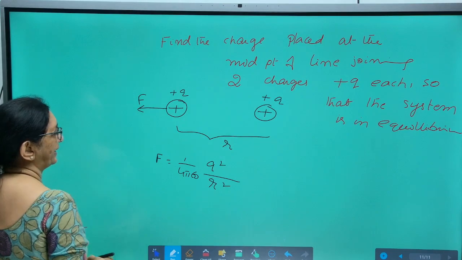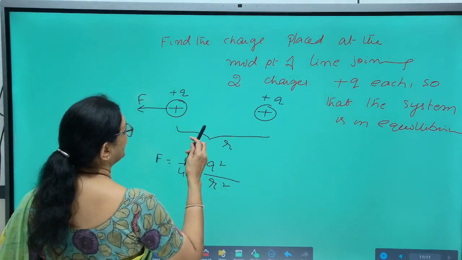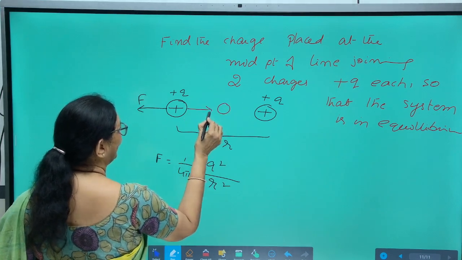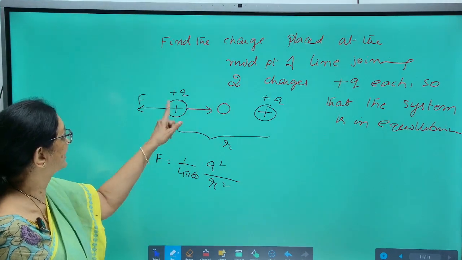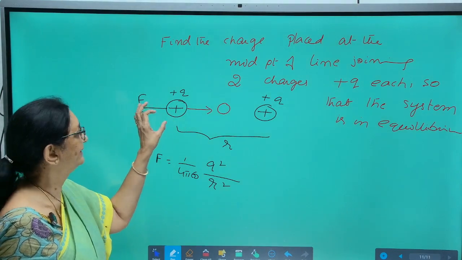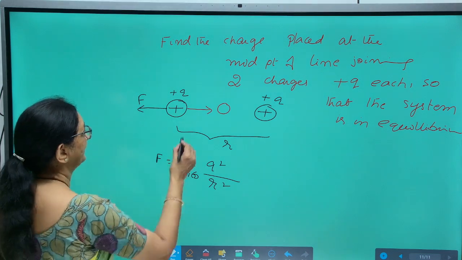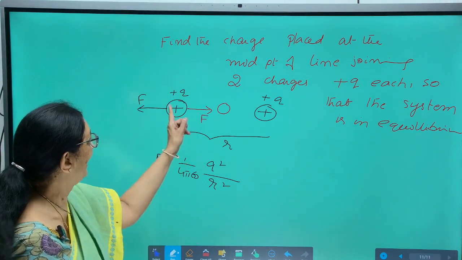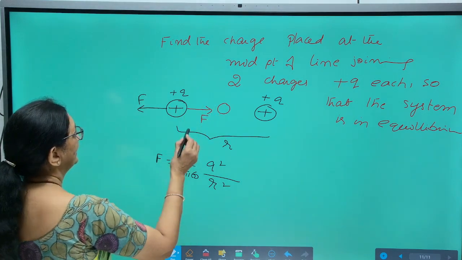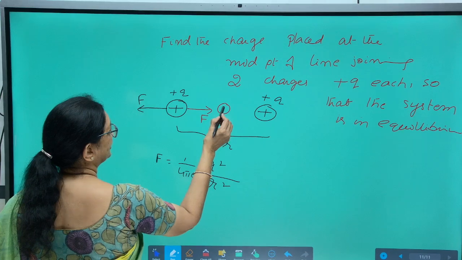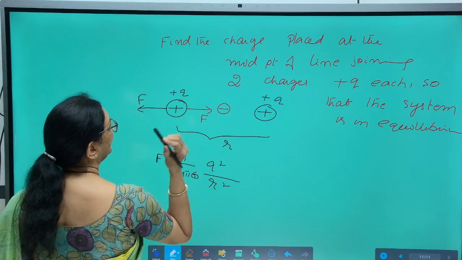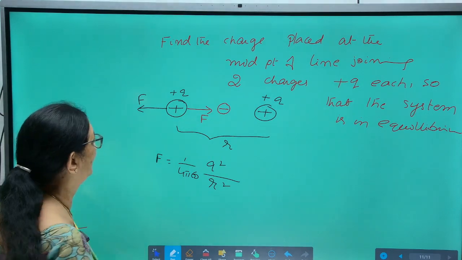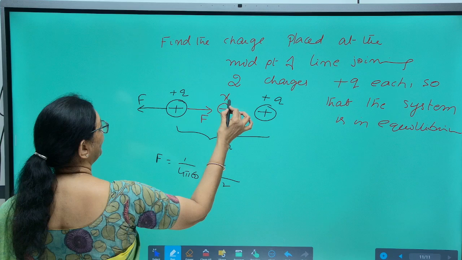It is in this direction. Now, the charge placed at the midpoint should exert a force in this direction so as to neutralize this force, then this will be in equilibrium. So, this must also be equal in magnitude F and it is towards the charge. So, this charge needs to attract this one, so it has to be dissimilar, that is why it has to be negative. Let its magnitude be x.